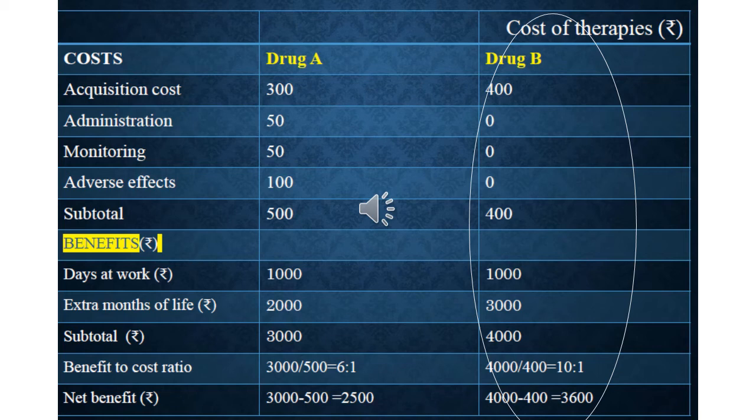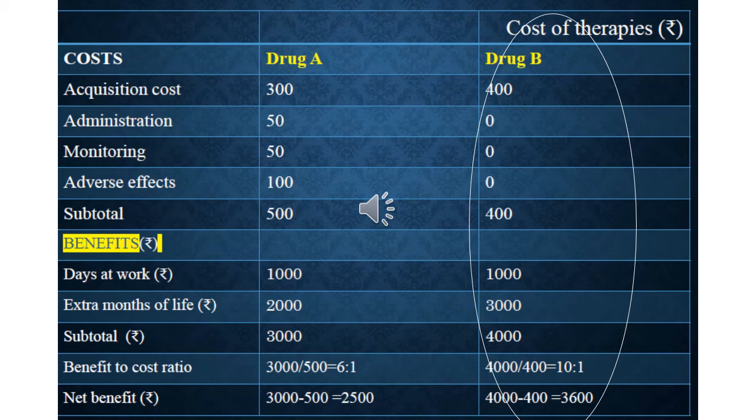Now this total cost is 500 for drug A and 400 for drug B. So if you see the net benefit, you will observe that with drug A you are getting a net benefit of 2500, whereas in case of drug B the net benefit that you get is 3600. So the benefit associated with drug B is much more than the benefit associated with drug A.